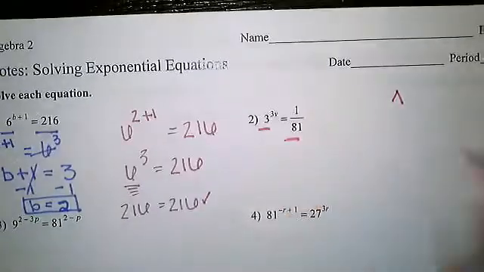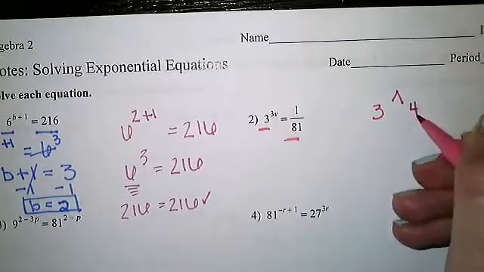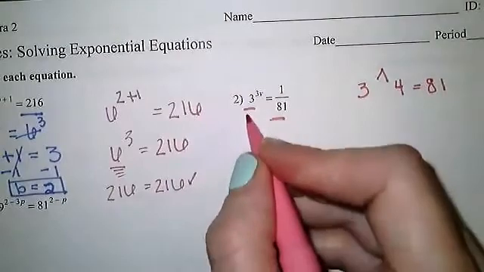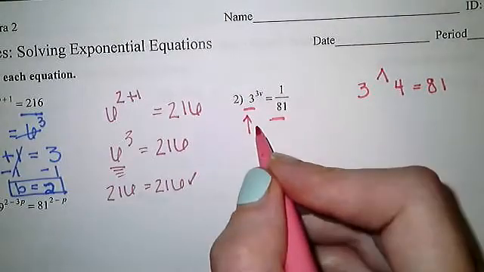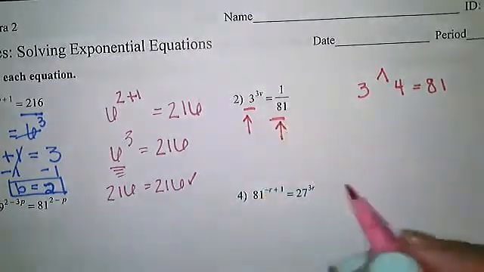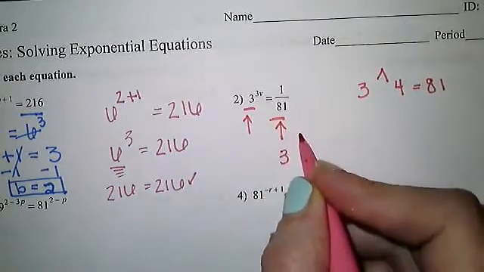So if we're doing that in our calculator, 3, we hit this button and we hit the 4. And since that is 81, we're going to replace the bigger number, which is our 81, with our 3 to the fourth.